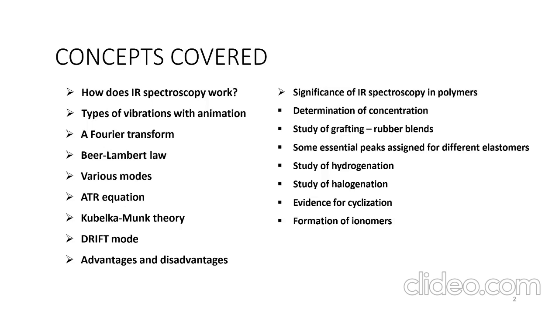Then, essential peaks which are assigned for different elastomers and the region specific peaks. Then, the study of hydrogenation and halogenation, how it happens in the rubber or any polymer. Then, evidence for cyclization and formation of ionomers, basically for conductive polymers.